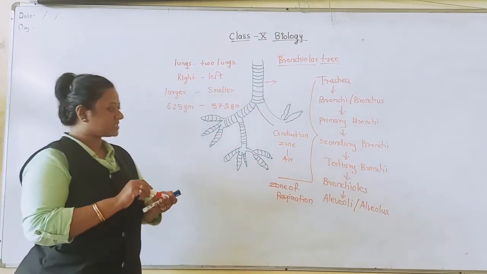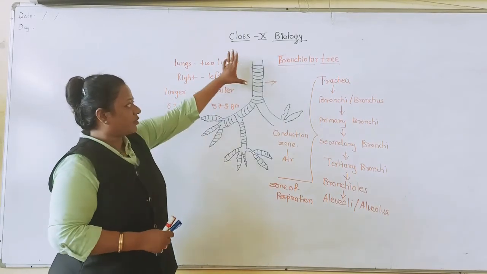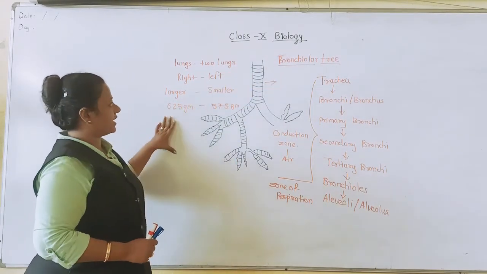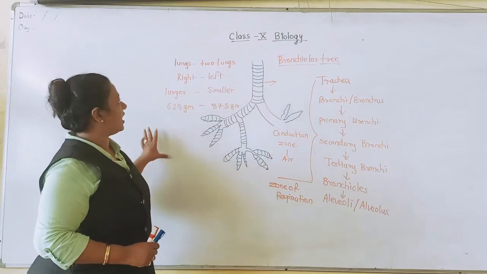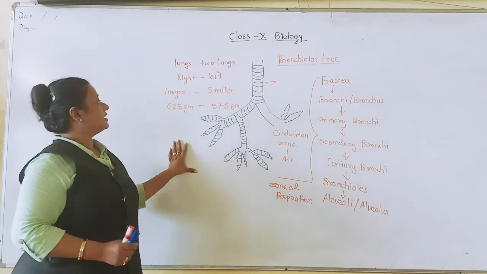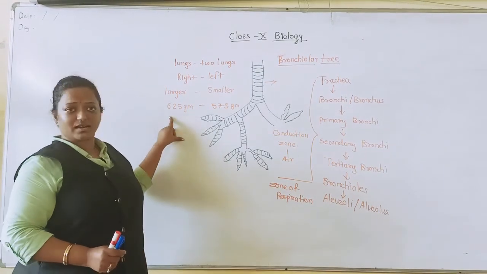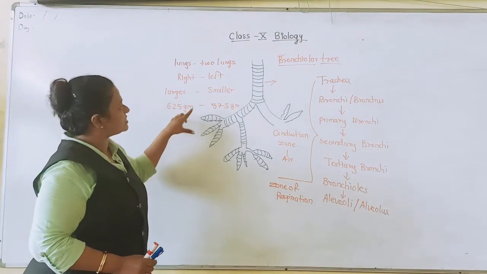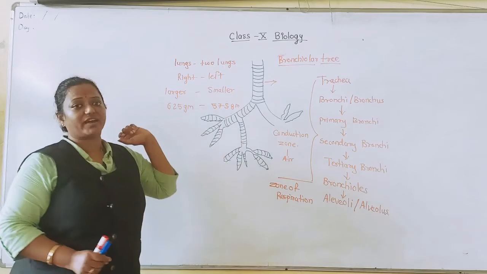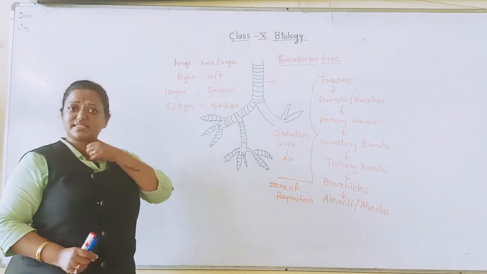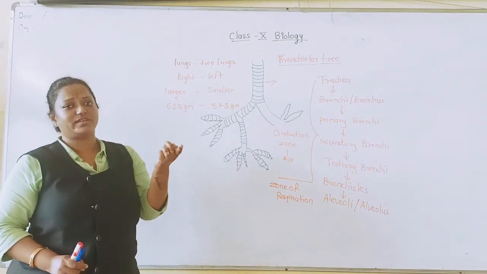Do you get it, students? Bronchiolar tree. In that bronchiolar tree, this is the trachea. We have two lungs, a larger and a smaller lung. The larger lung is 625 grams, the smaller lung is 575 grams. Why is it smaller? I told you, the heart is tilted towards it.